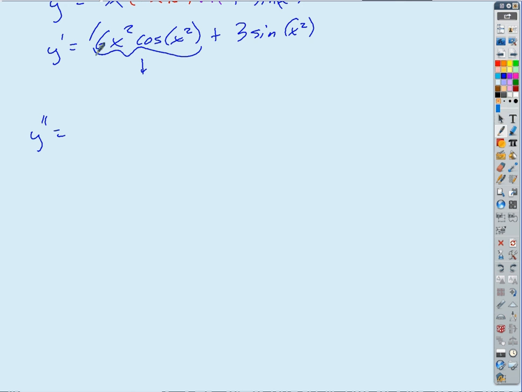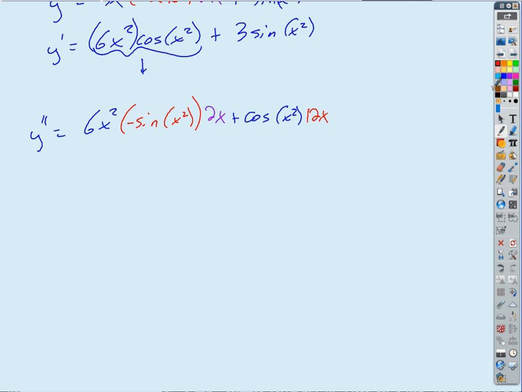How about if we just group the 6x squared together? 6x squared. The derivative of cosine x squared is going to be negative sine x squared, there you go, good. So negative sine x squared times 2x, plus cosine x squared times the derivative of 6x squared, which would be 12x, okay, good.